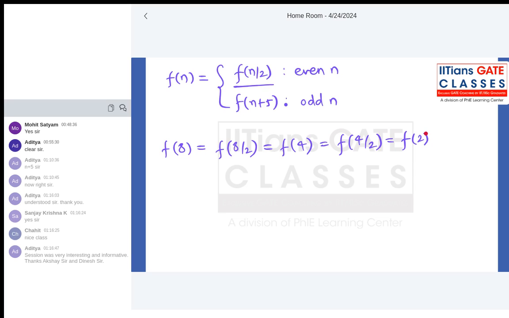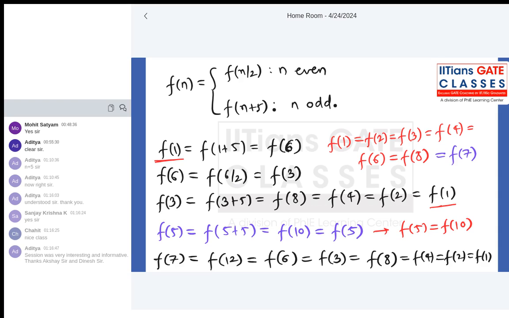Therefore it becomes 2. Now 2 is also even, so you divide it by 2, then you get 1. And again from 1 you start, because 1 is an odd number, so you have to add 5 to it, and this will become f of 1 plus 5, that will be f of 6, and we already did that. So we already started from f of 1, and we got this again, total 3 lines of f, and we finally got f of 1.